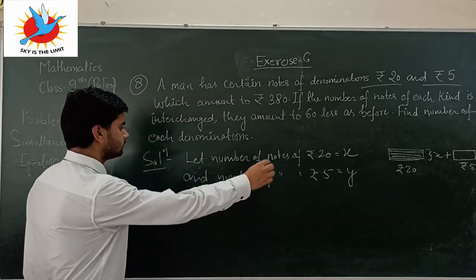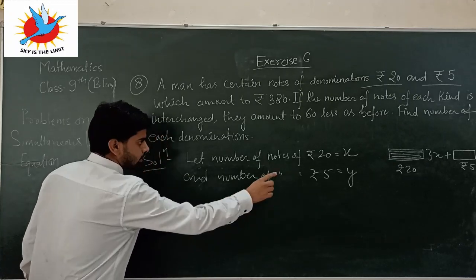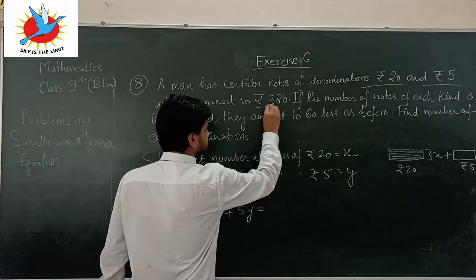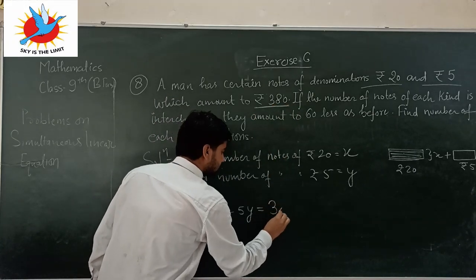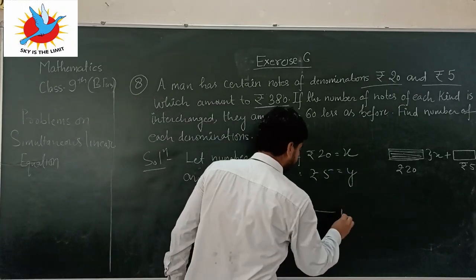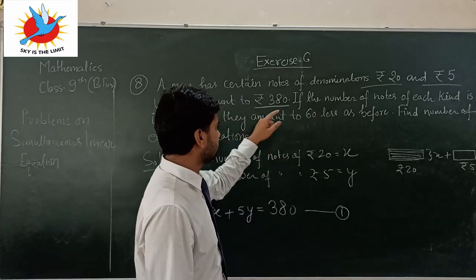So from condition 1 we can write 20x plus 5y equal to 380. This is equation 1.